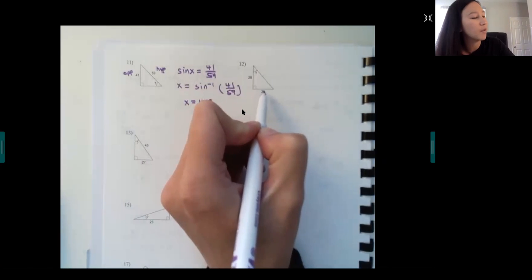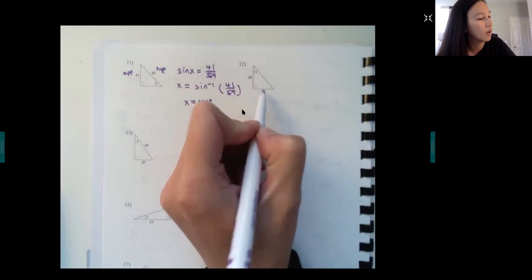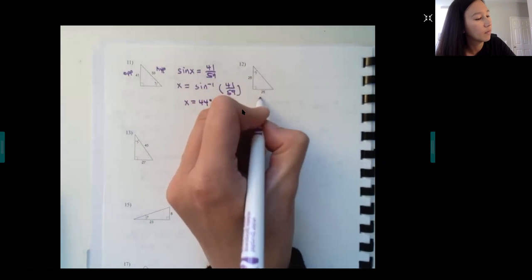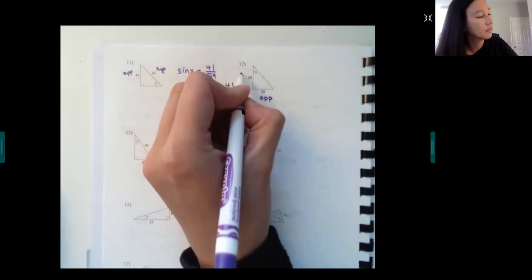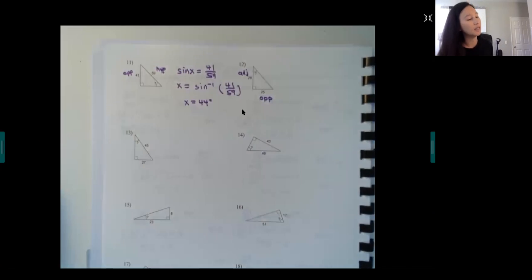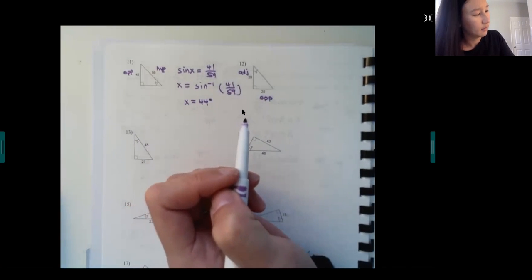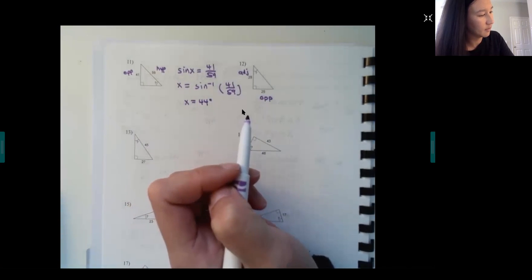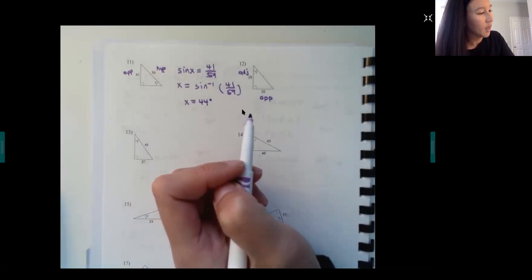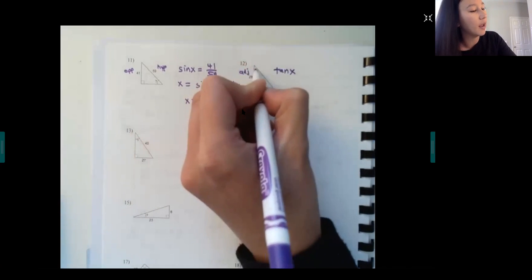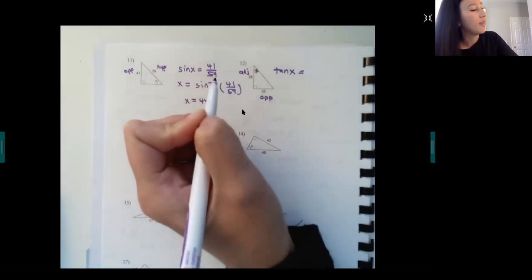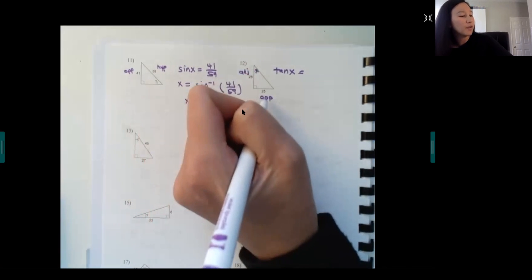Okay. So then number 12, Jose, what's 25? 25 would be opposite. Yep. And what about 28? 28 would be adjacent. So is it SOH, CAH, or TOA? It would be TOA, right? So we're going to be taking the tangent of our angle X. So we do our O first.